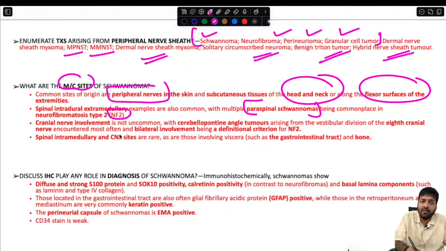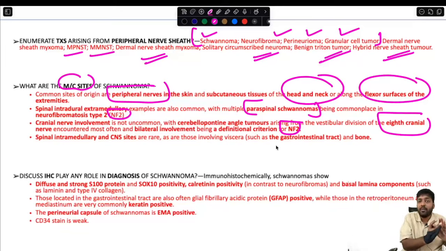Cranial nerve involvement is not uncommon, with cerebellopontine angle tumors arising from the vestibular division of the 8th cranial nerve encountered most often, and bilateral involvement being a definitional criterion of neurofibromatosis type 2. So neurofibromatosis type 2 associated schwannomas are bilateral, originating from the 8th cranial nerve.